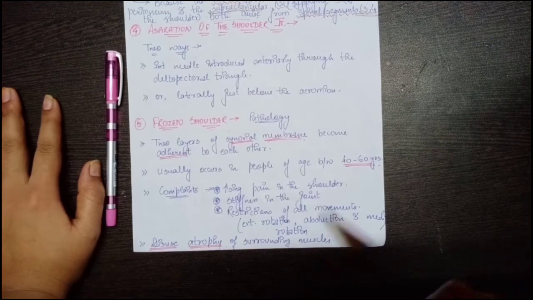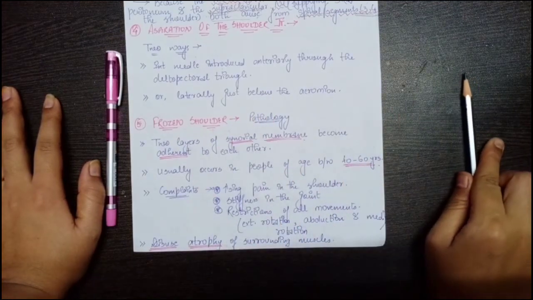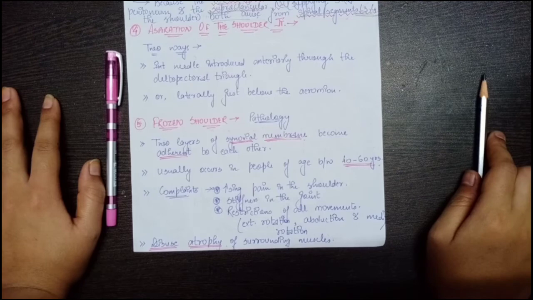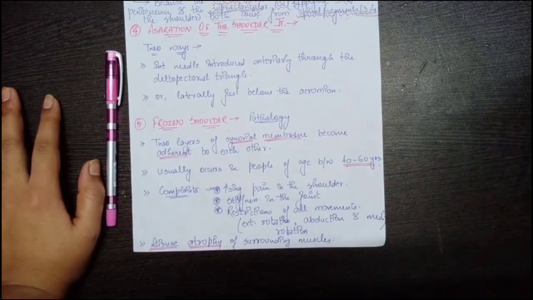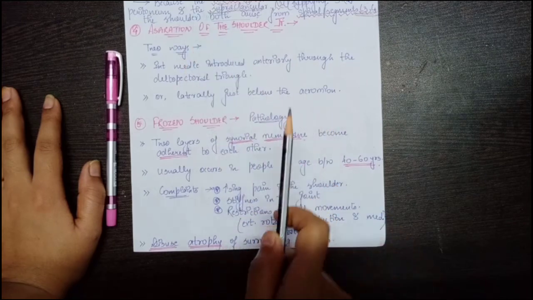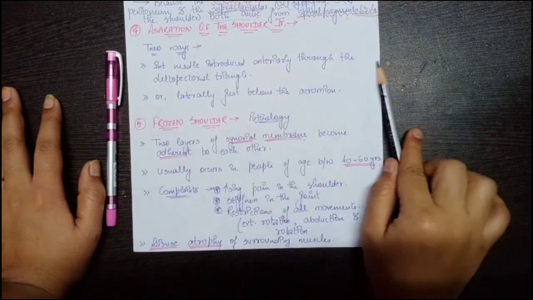So the last clinical anatomy, or you can say the pathology of the shoulder joint, is frozen shoulder. This is most of the times asked in Viva and many of the times is also asked in 2 marks. So our shoulder joint has a pathology which is known as frozen shoulder. Now by frozen shoulder, what do we mean?